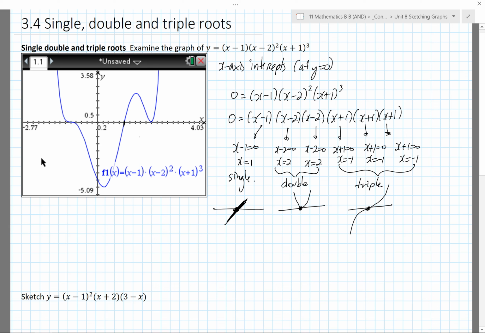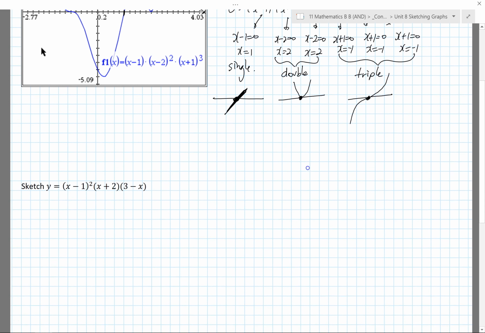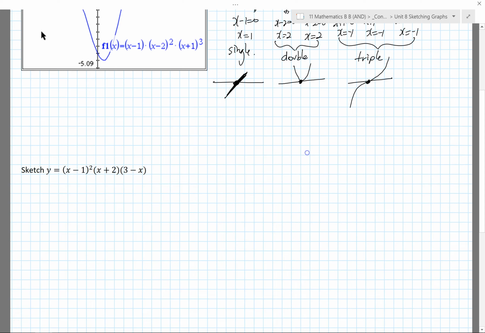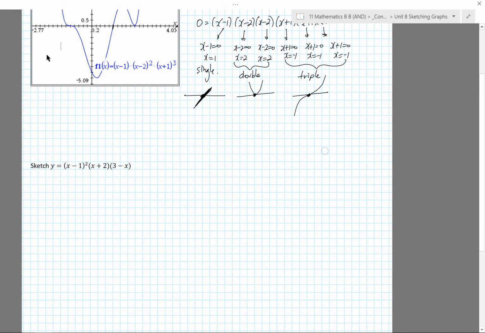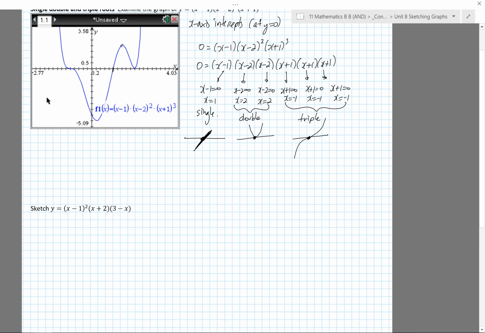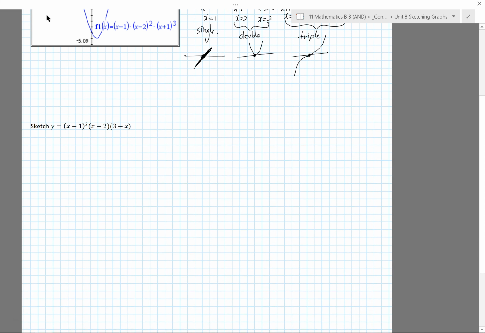Okay, so with this knowledge, hopefully we'll be able to sketch this function. We'll just focus on the x-axis intercepts. If we wanted to, we could find and classify the turning points as well. So I'll just find the x-axis intercepts.